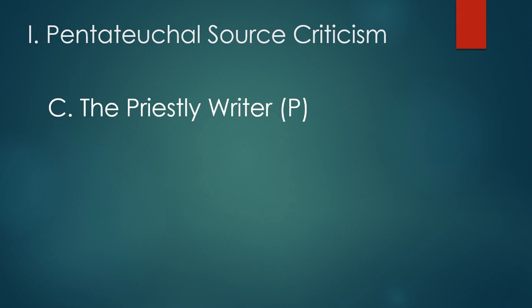He's going to talk a lot about matters of religious practice, and about the proper way to approach God. For a good understanding of P's understanding of God, you can simply read Genesis 1. The first creation story is going to be written by him.